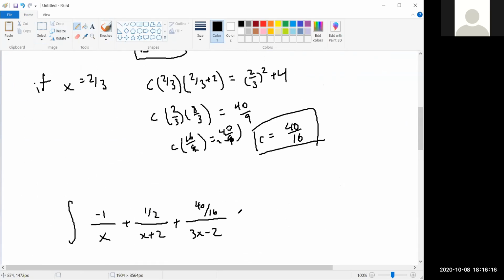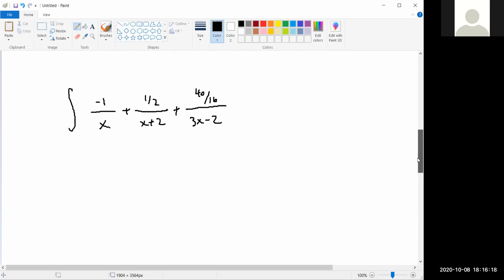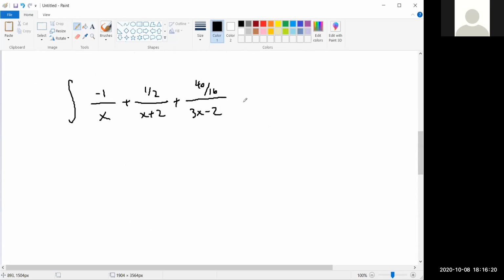Great. And then at this step, we should be able to solve this integral more easily. So the first one is negative ln of x. The next one is 1/2 ln of x plus 2. And then what will the third one be?